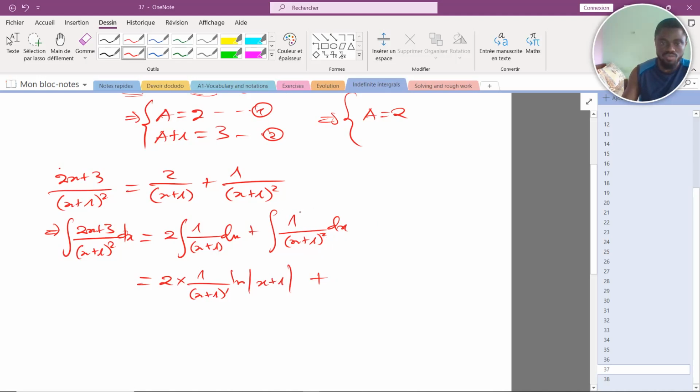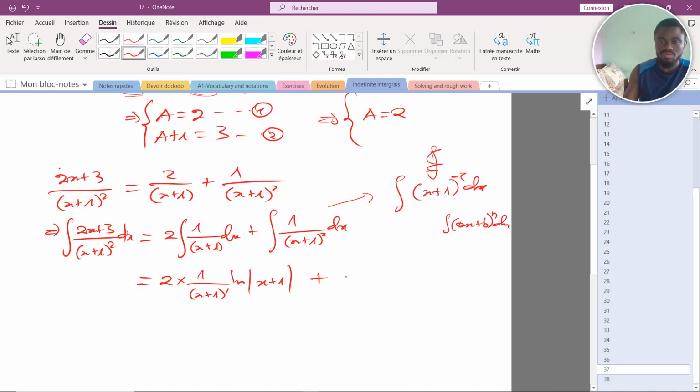I'll first write this back as the integral of (x plus 1) to the minus 2 dx. So it's like you are basically integrating (ax plus b) to the n dx. You understand?